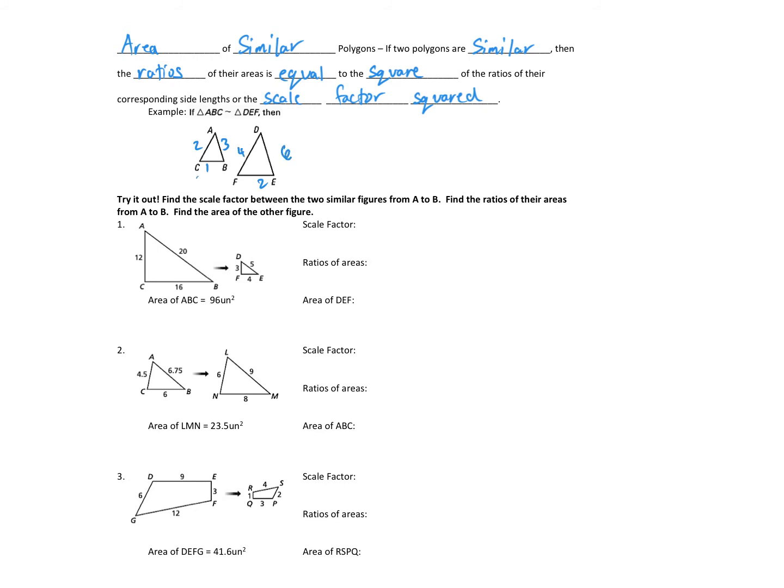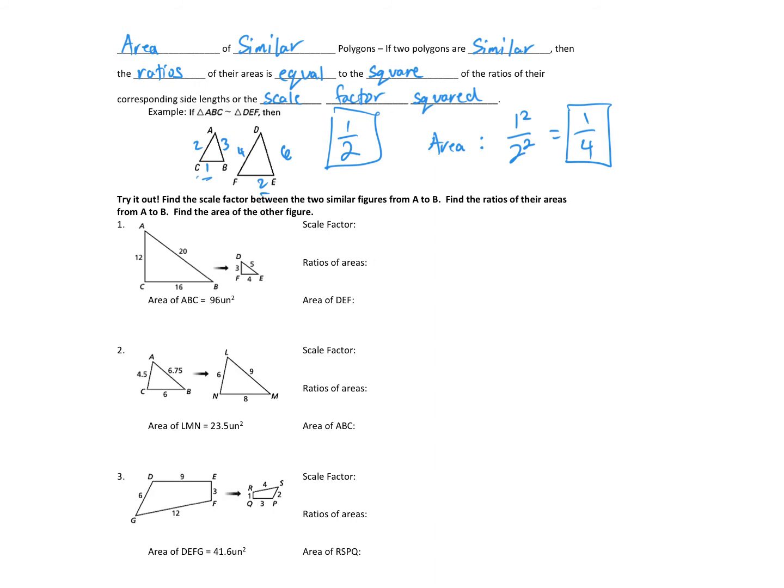For my scale factor, I'll choose 1 and 2. It's 1 to 2. And my ratio of areas is going to be 1 squared over 2 squared, which is 1 over 4. So it's the scale factor, each number squared.